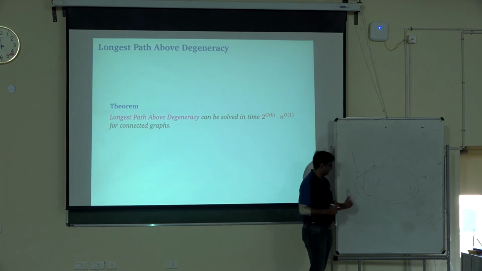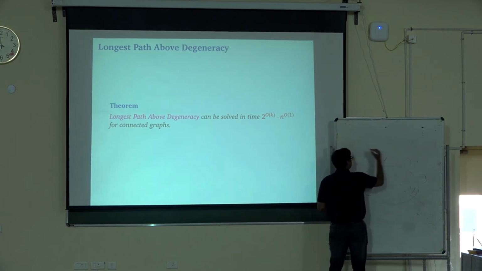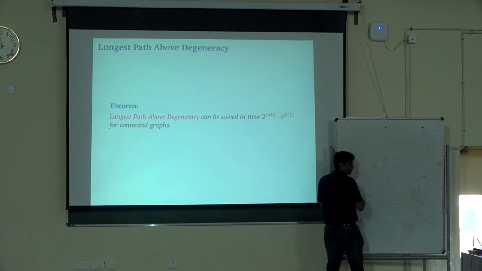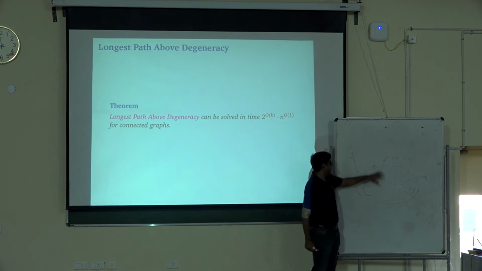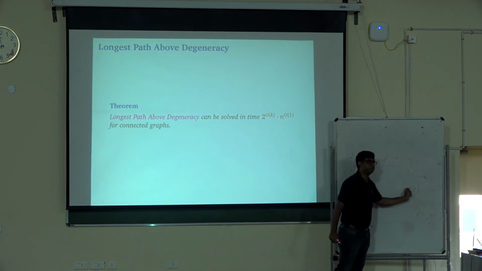Now, given this path structure, I would like to say, oh, these paths give me some extra from outside, and I want to use this structure and say, hey, if you have such a path structure, I can use some bits of you and everything from this clique. Right? So that I have guaranteed that I have k vertices outside and I have guaranteed that I have d vertices from inside.